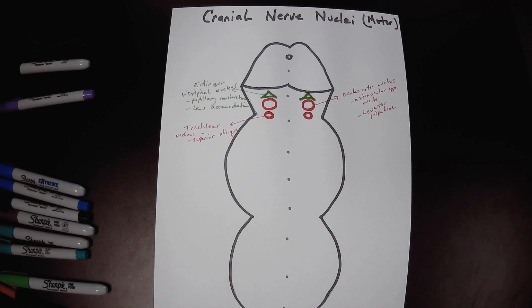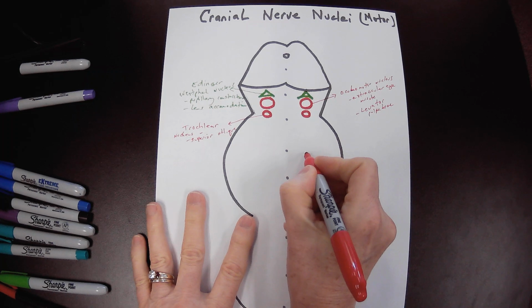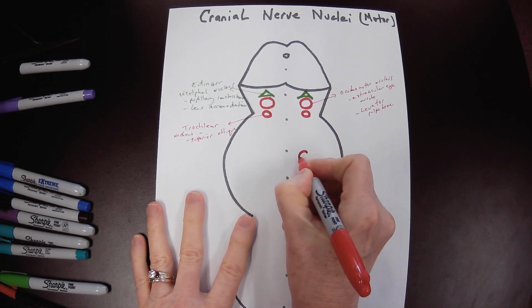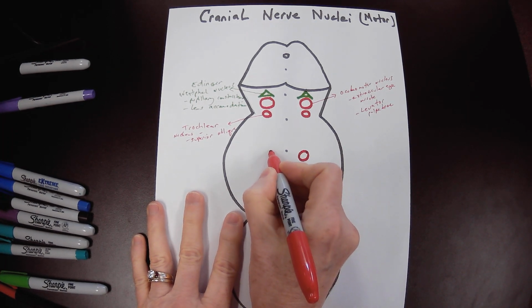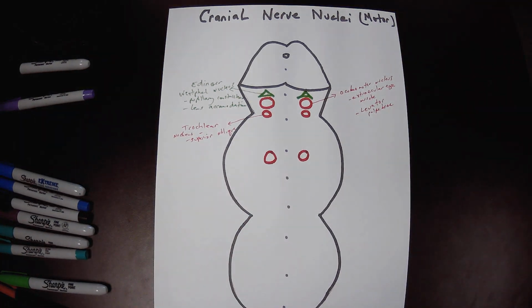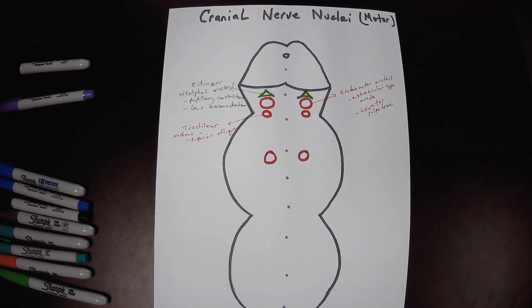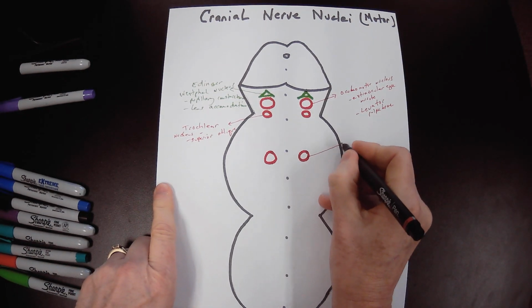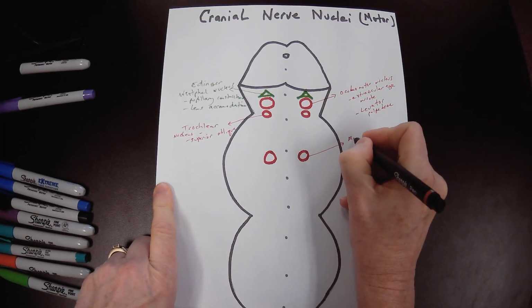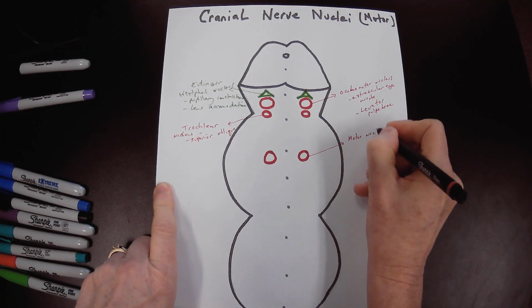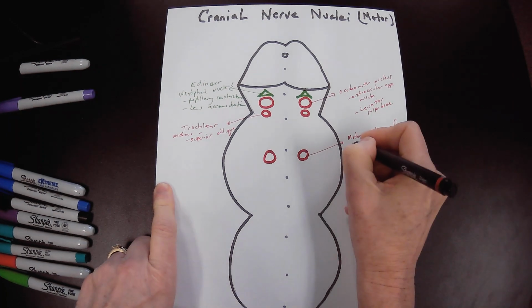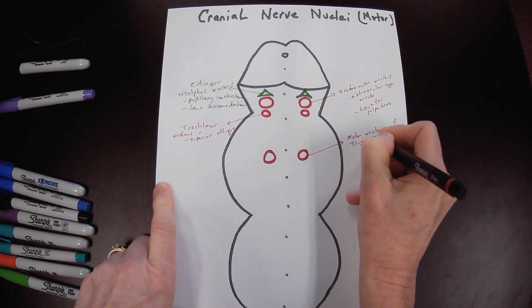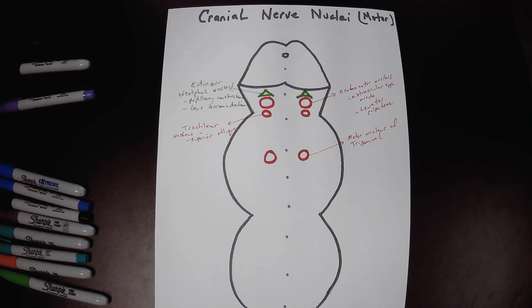Cranial nerve number 5 also has some motor functions associated with it. It is a mixed cranial nerve, but it uses a specific nucleus that sits right here in the pons. This is cranial nerve number 5, and it is the motor nucleus of trigeminal.